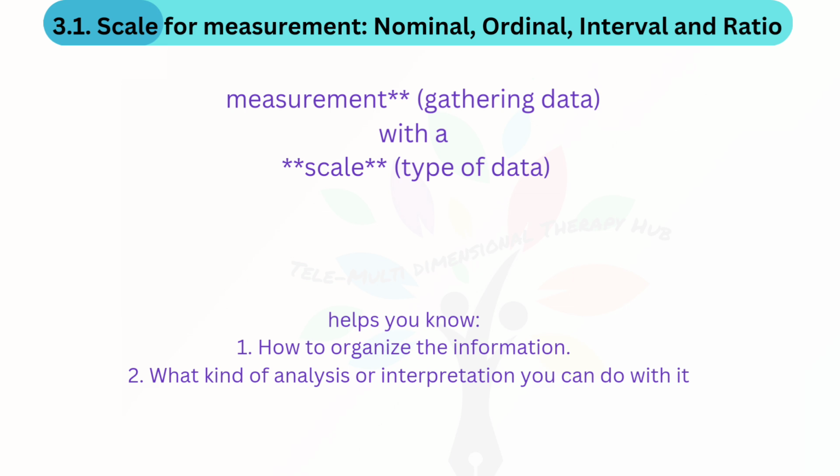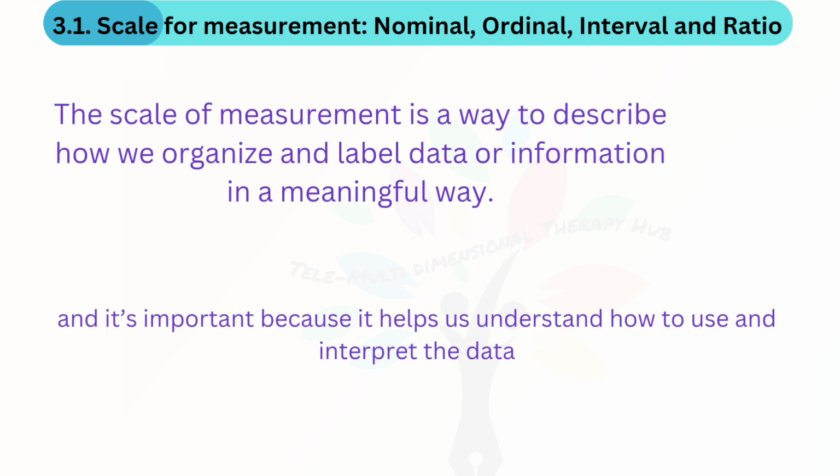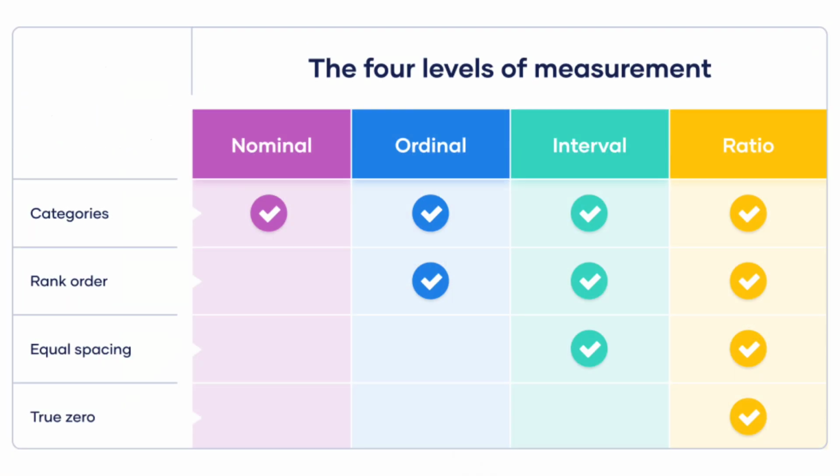Therefore, the scale of measurement is a way to describe how we organize and label data or information in a meaningful way. And it's important because it helps us to understand how to use and interpret the data. So there are four scales of measurement: nominal, ordinal, interval, and ratio.